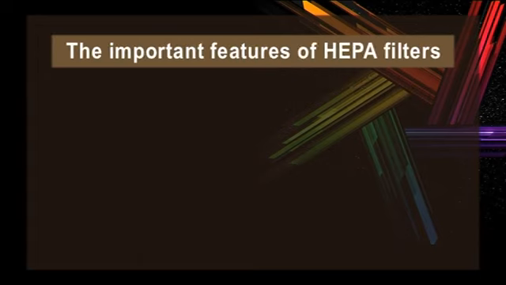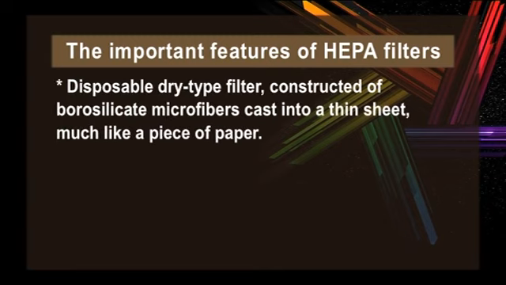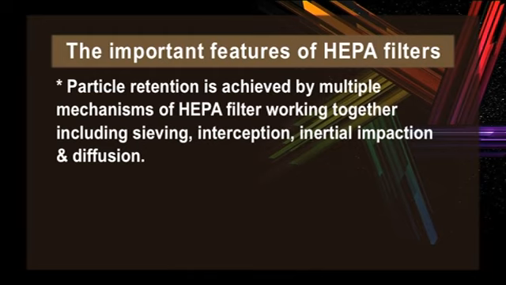The important features of HEPA filters are as follows. A disposable dry type filter constructed of borosilicate microfibers cast into a thin sheet, much like a piece of paper. Particle retention is achieved by multiple mechanisms of the HEPA filter working together, including sieving, interception, inertial impaction and diffusion.